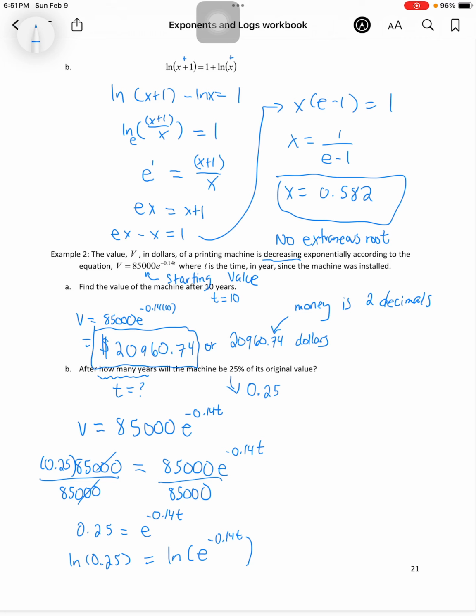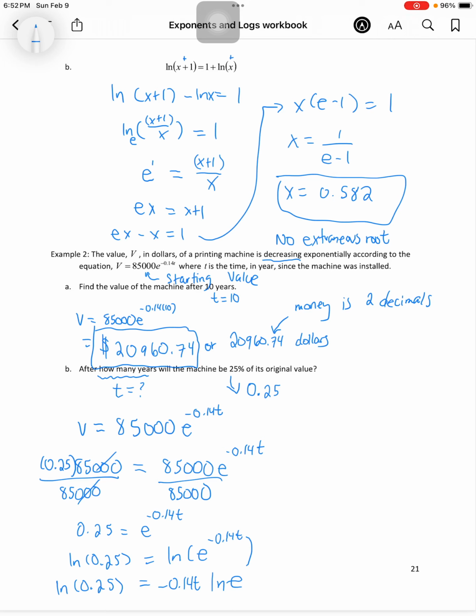Again, just to repeat myself one more time, if we want to move t from the exponent spot to the front, we have to attach ln in this case, not logs, because we're working with e. So now we have ln's, now we can move the t to the front. So it's going to be ln 0.25 equals negative 0.14 t times ln e.